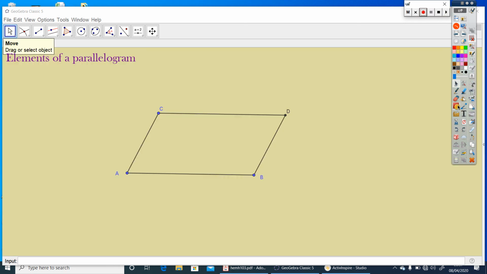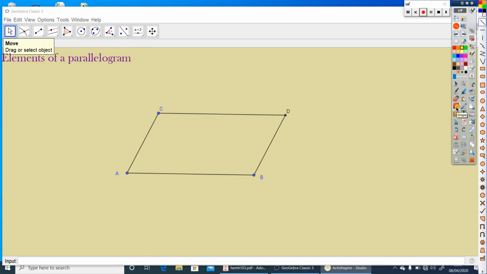Here, ABDC is a parallelogram. Now, AB, BD, DC, AC are the sides of this parallelogram. Now consider AB and CD. These are called a pair of opposite sides.